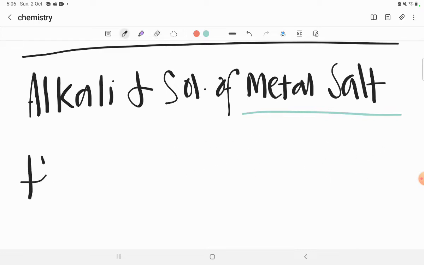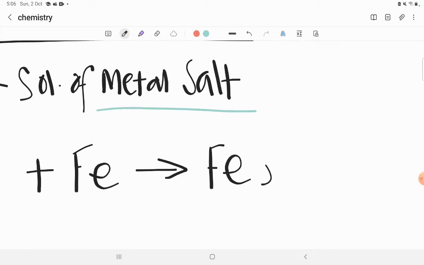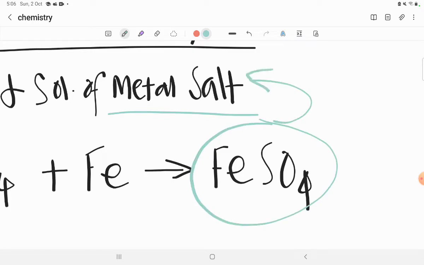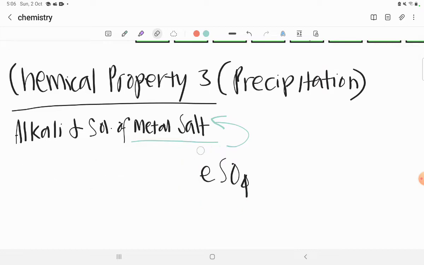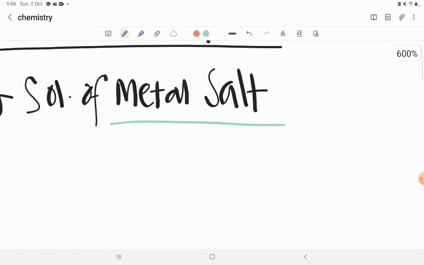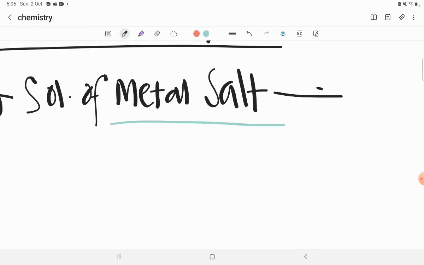We use H2SO4 plus Fe, then that will give us FeSO4. So that's iron sulfate, a metal salt. So it's basically any metal that we reacted with an acid. Because this part, to be honest, I'm not really quite sure, but we move on.